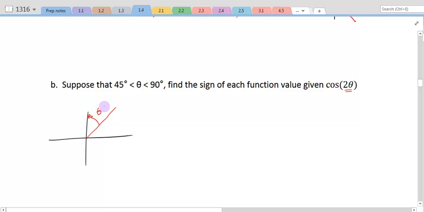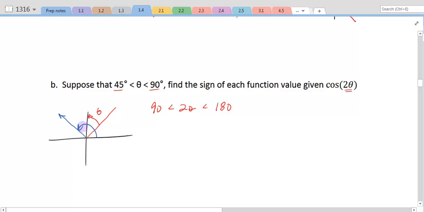Well, if I have 2 theta, in other words, twice my angle measurement of theta, then I would have to multiply both of these boundaries by 2. So now 2 theta is between 45 times 2, which is 90, and 90 times 2, which is 180. I just shifted my angle over here.